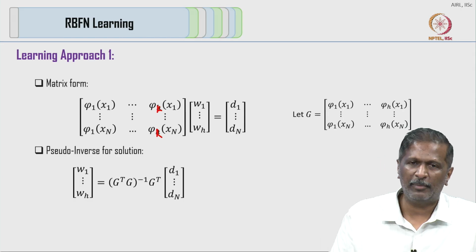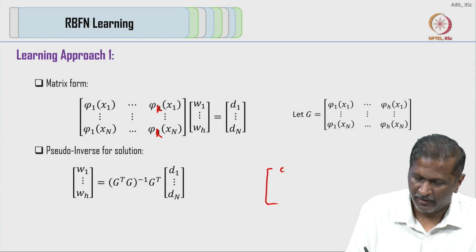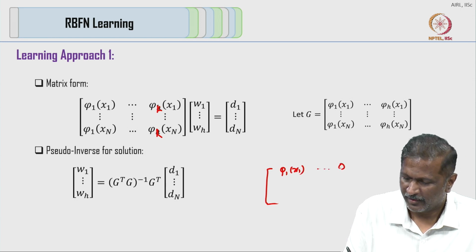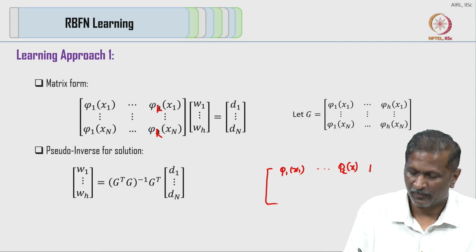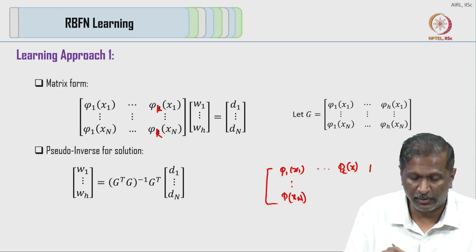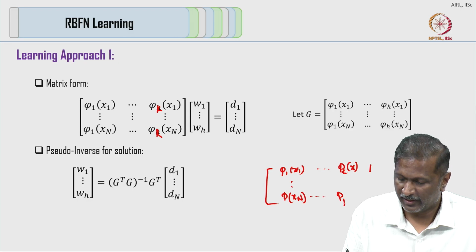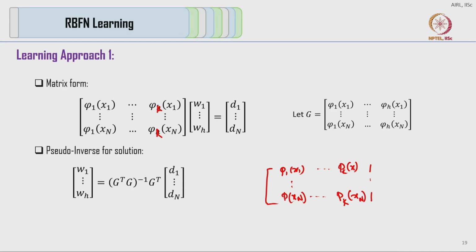So this is my phi matrix. If you include a bias, the phi matrix will be phi 1 of x1 up to phi k of x1 and 1. Similarly, phi 1 of xn, where n represents the nth sample, up to phi k of xn and 1.